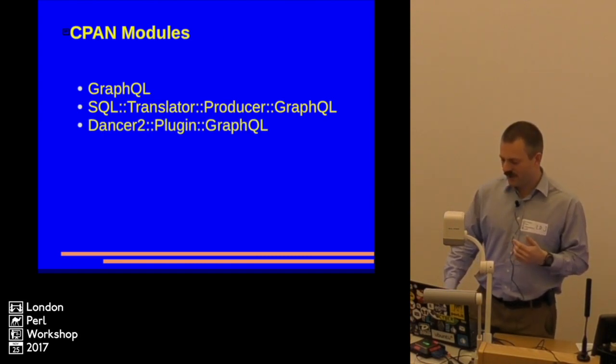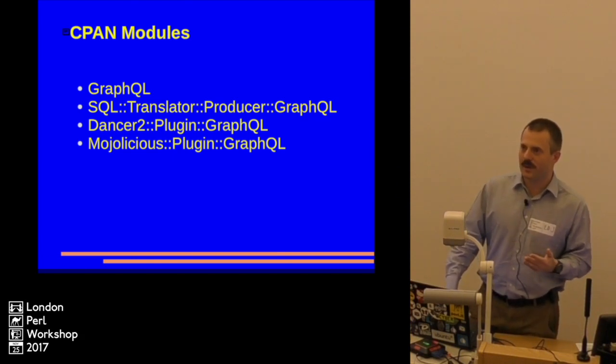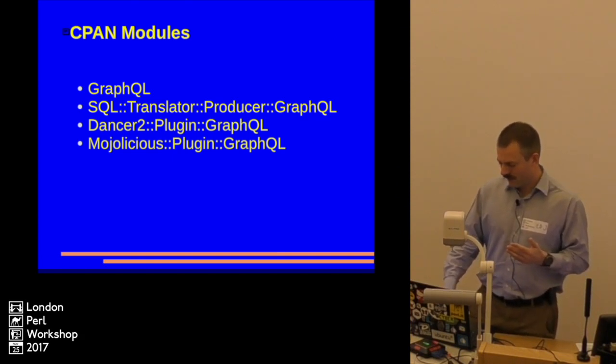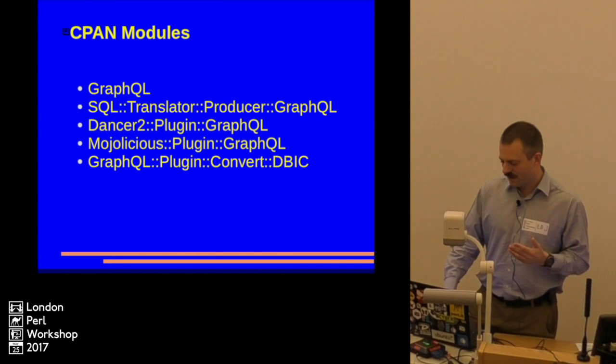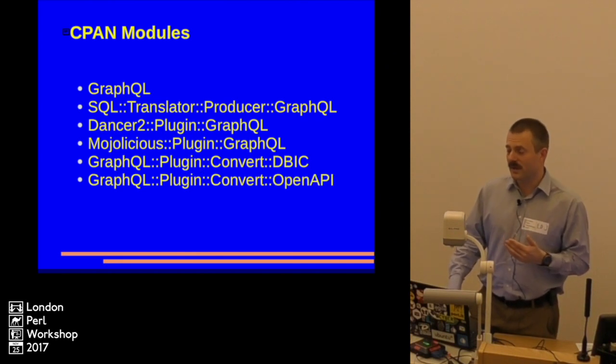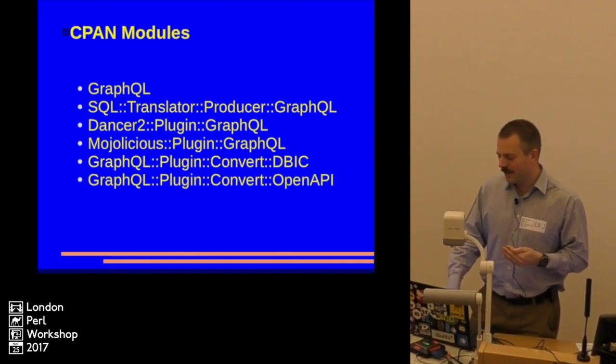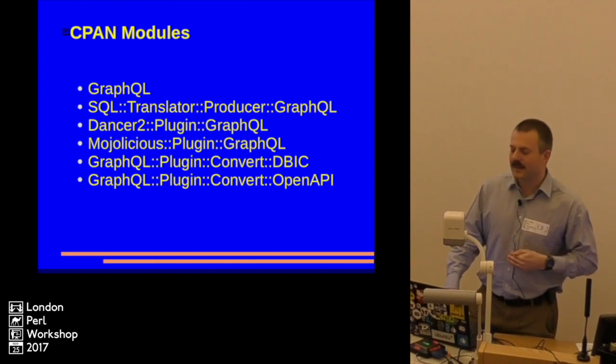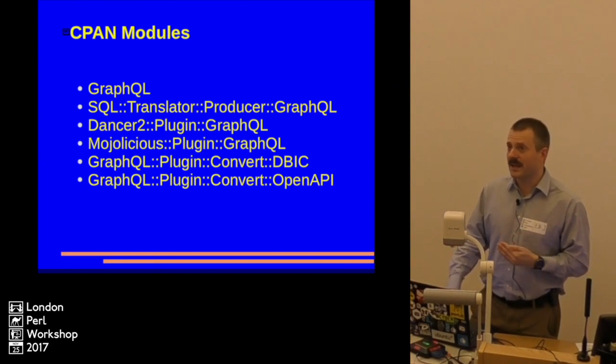Here we go. So we've got two plugins here for two popular web frameworks. We've also got two plugin converts, as I called it. Now, a key point about these two things. The first one, the DBIC one, actually works.